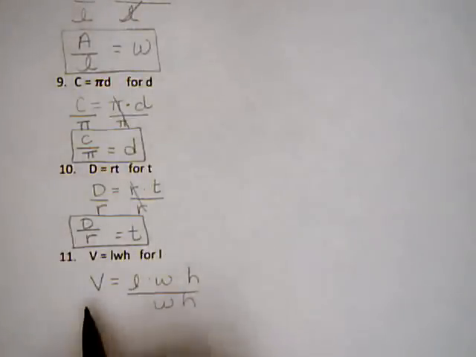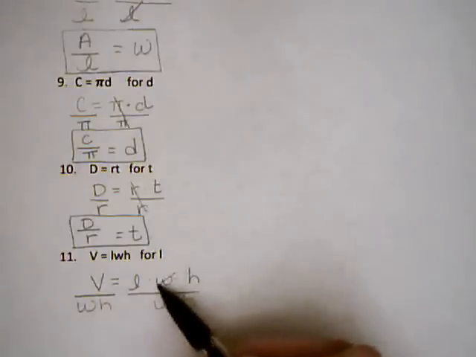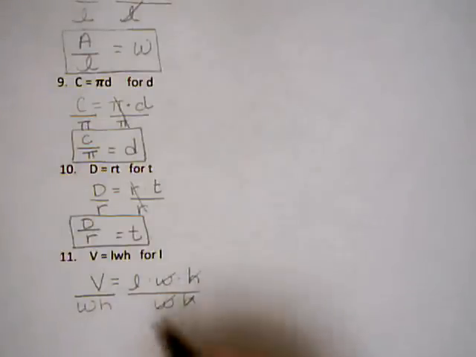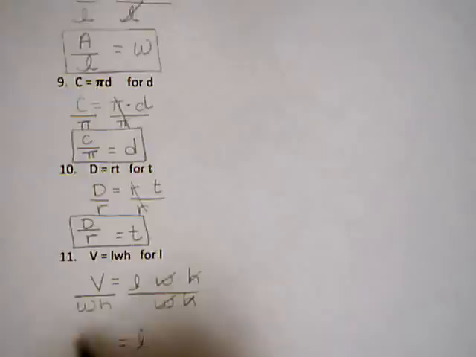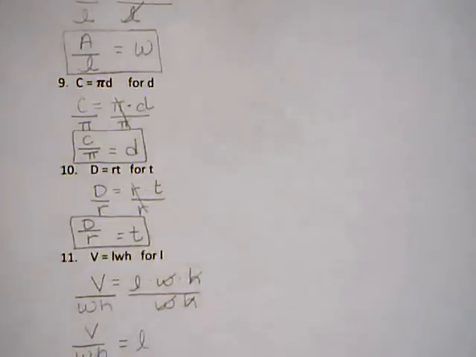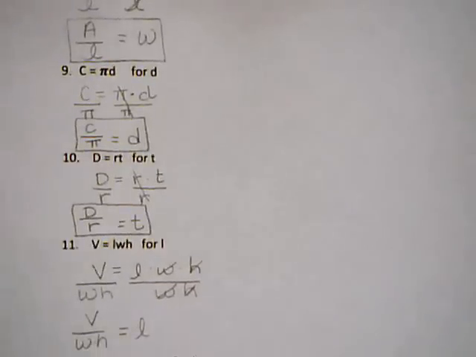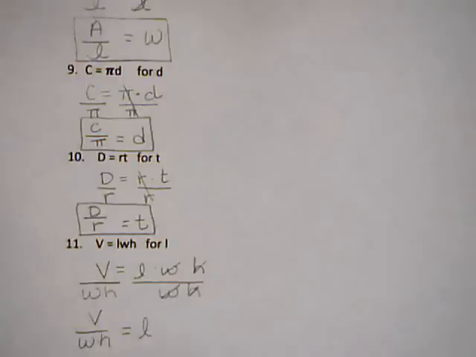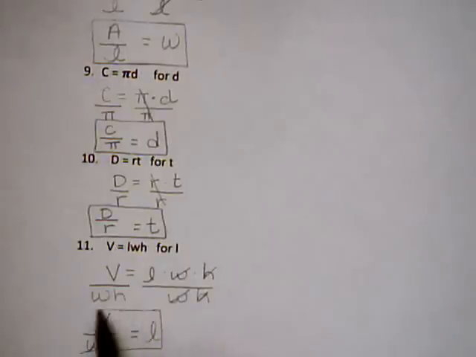But whatever I do to one side, I have to do to the other. So W divides out, H divides out, just L is left. L equals V over W times H. And so when you type it in the computer, you would just have to put V over WH. You don't have to actually put a multiplication dot between those two.